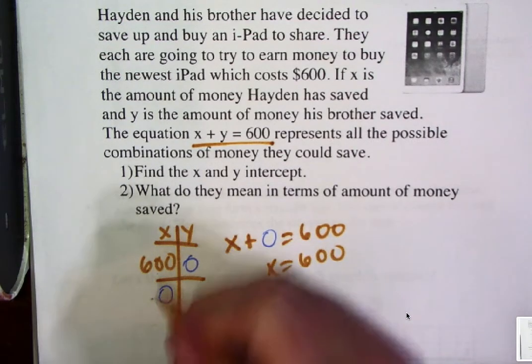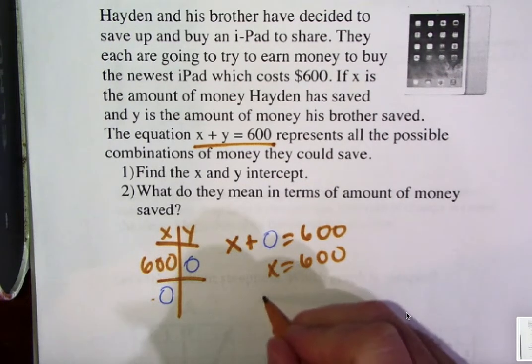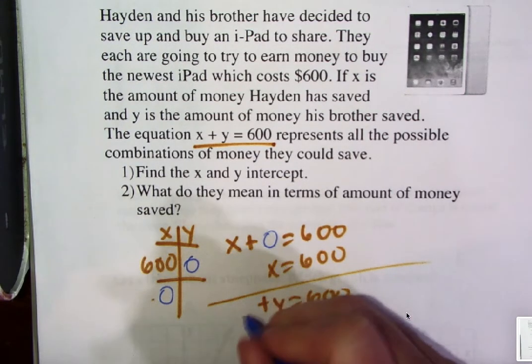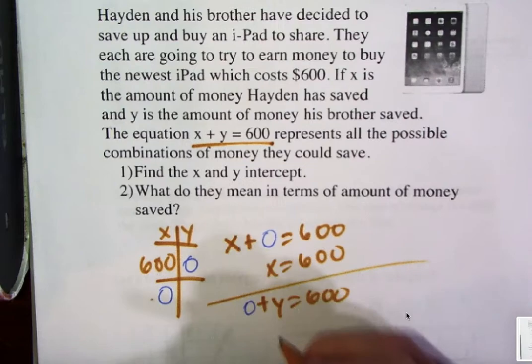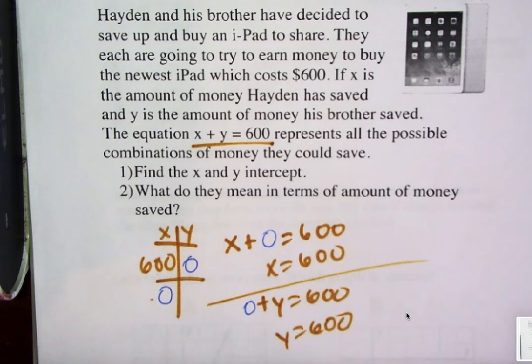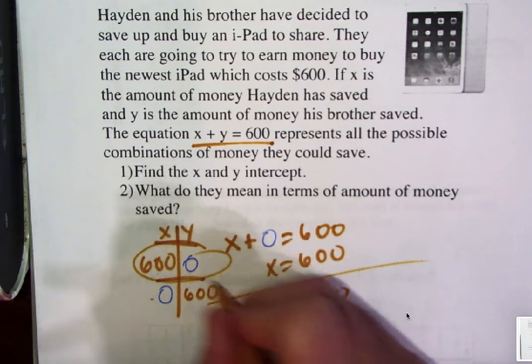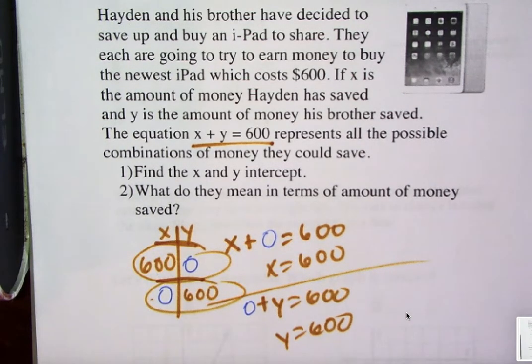And then we do the other one, put 0 in for x, right? And solve this, so y equals 600. So we've got our two intercepts, 600, 0, 0, 600.